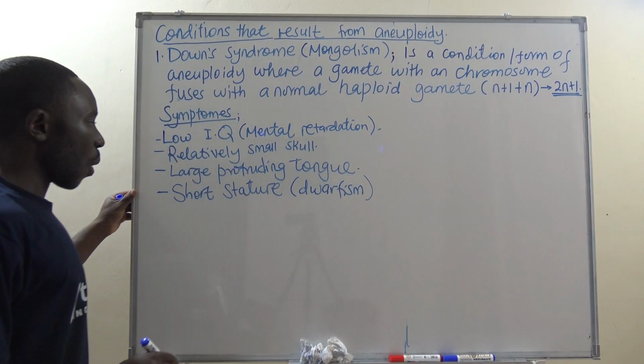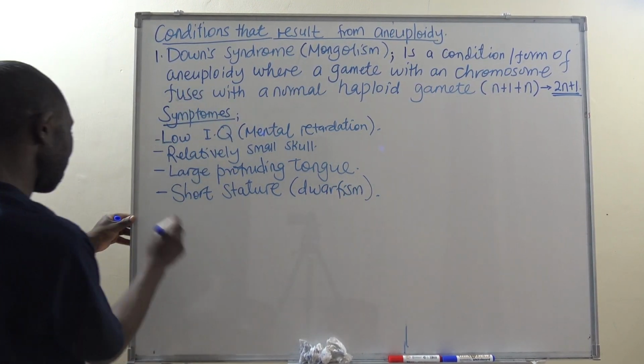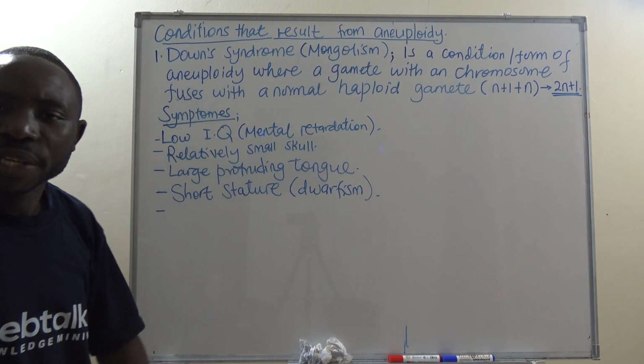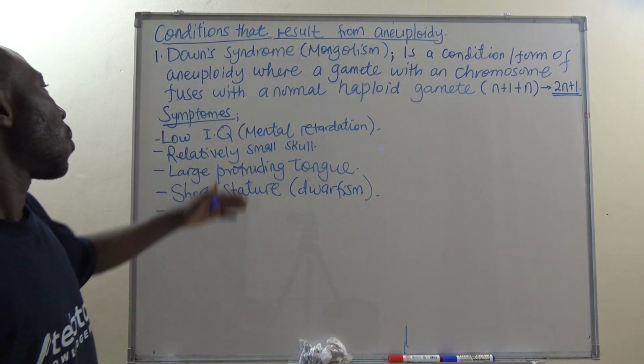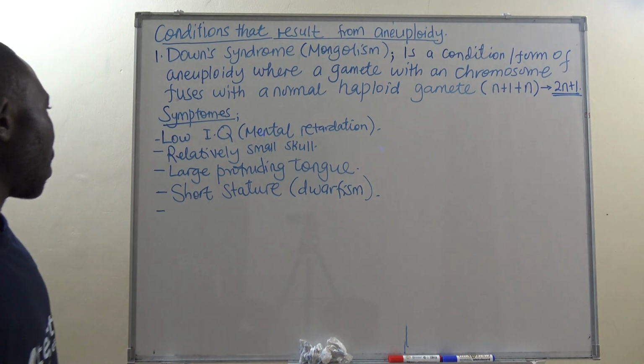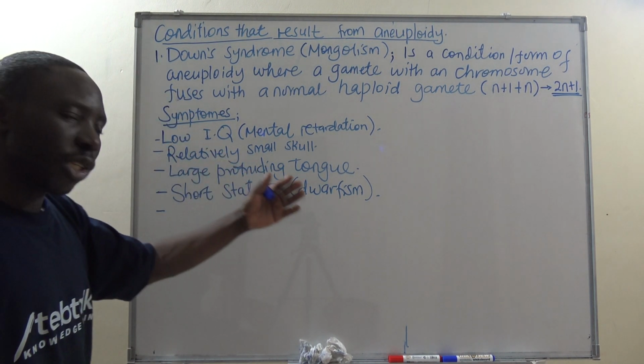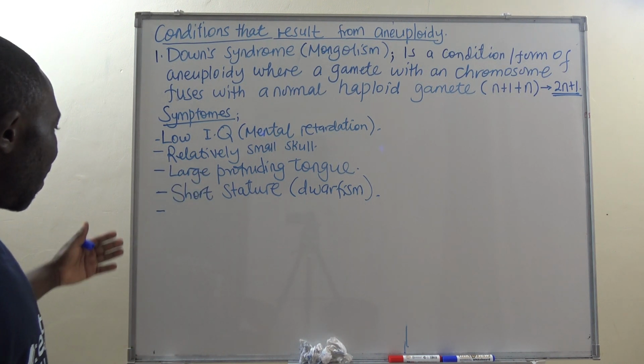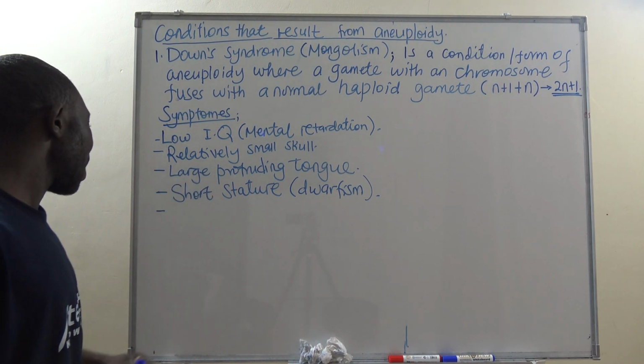Now, we are trying to outline the symptoms of Down's syndrome: low IQ, relatively small skull, large protruding tongue, then short stature.